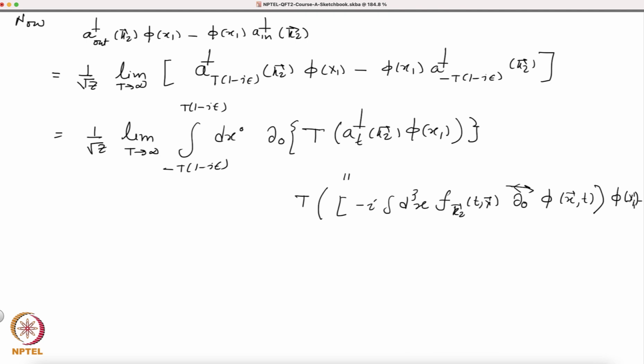Okay, so you can write it in this form. So this del naught is the time derivative which acts on both this phi and f. You can verify that the above factor is the same as this one.